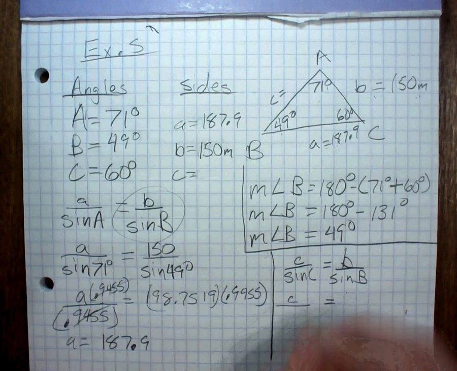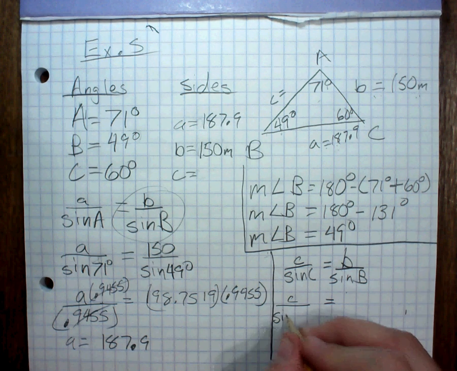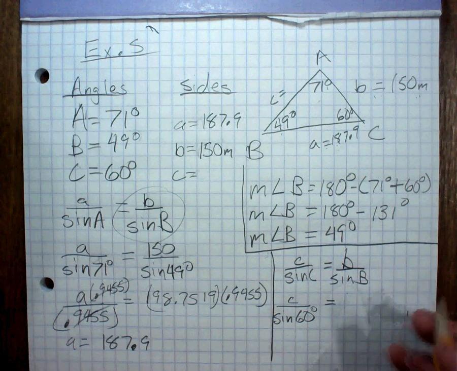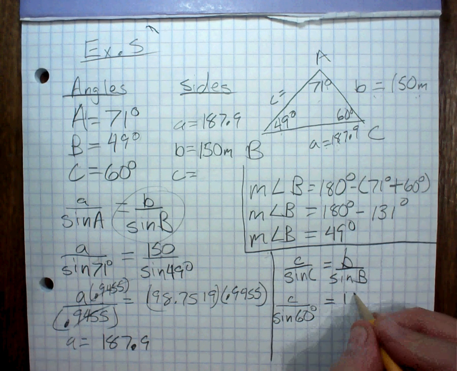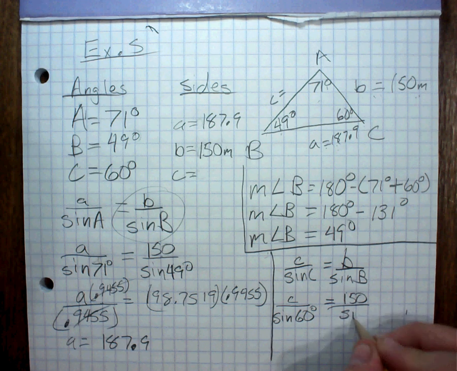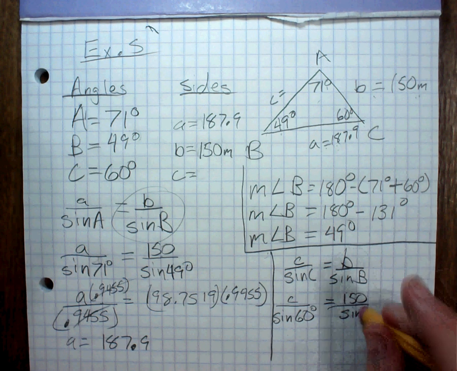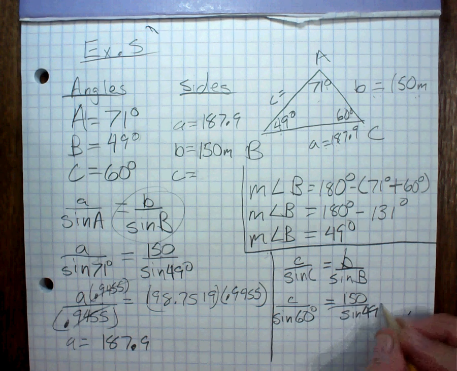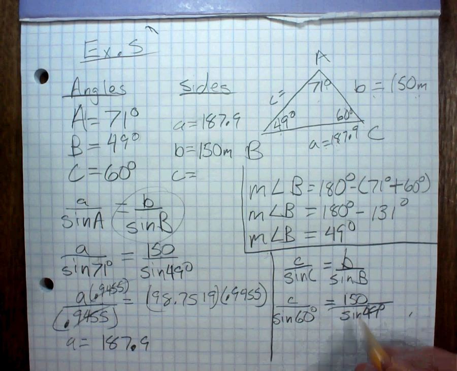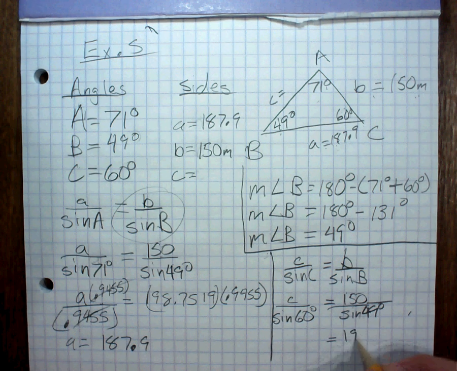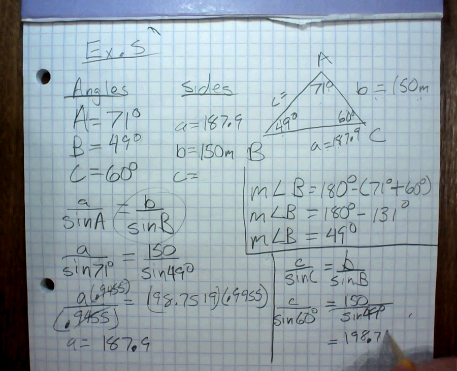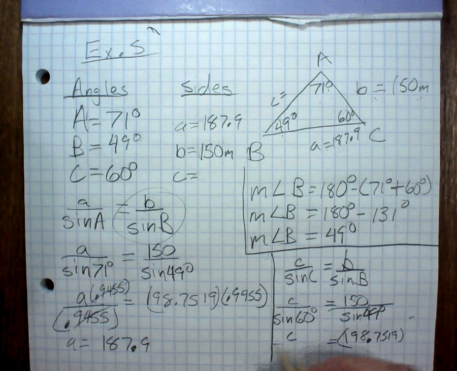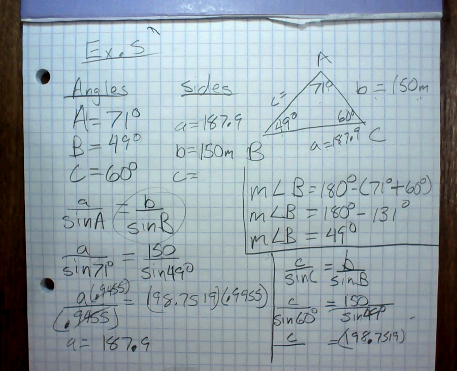So c over sine of capital C, which is 60 degrees, is equal to 150 over sine of 49. So this whole thing equals 198.7519.